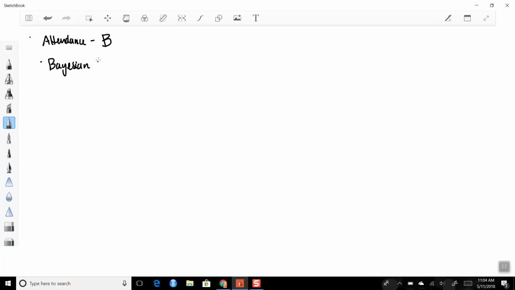So one problem on the exam will be a kind of Bayesian inference, and you'll use a model with a conjugate prior, right? And we have already done a few examples in class.